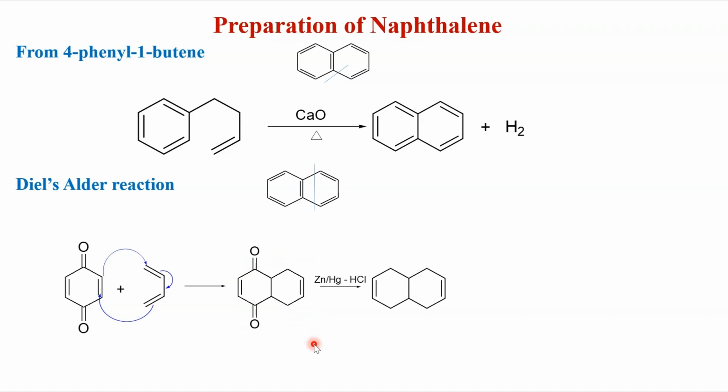The carbonyl group gets reduced and I have to introduce double bonds and get aromaticity to the molecule by carrying out dehydrogenation in the presence of selenium. I'll get naphthalene. The same naphthalene was obtained from 4-phenylbutene and also obtained from benzoquinone. The same molecule with two different approaches.